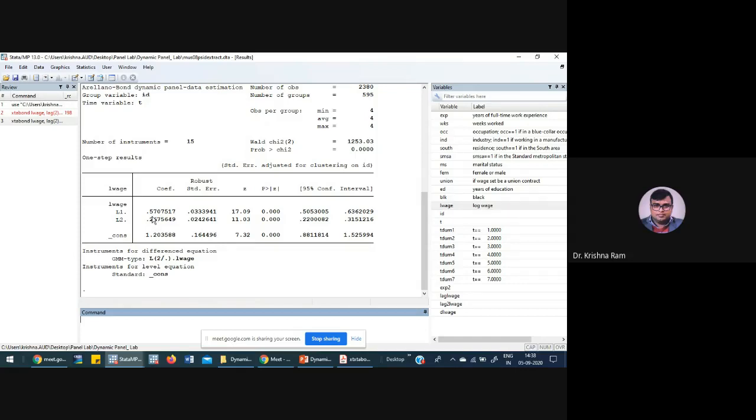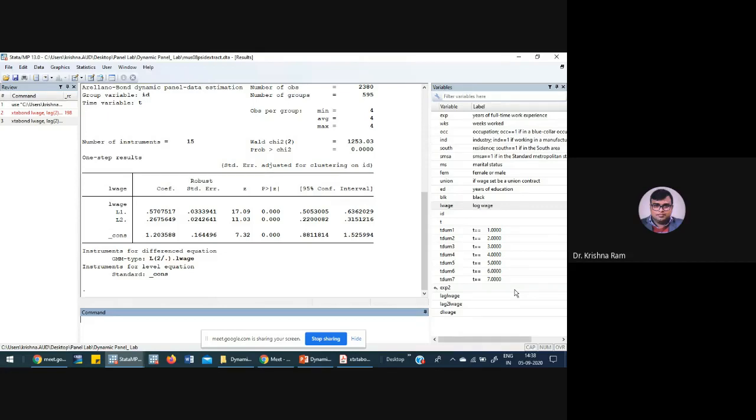So the interpretation goes like this: since the explanatory variables are here in lag terms, lag 1 and lag 2, that means wage at period 1 has an impact on wage at period 2.